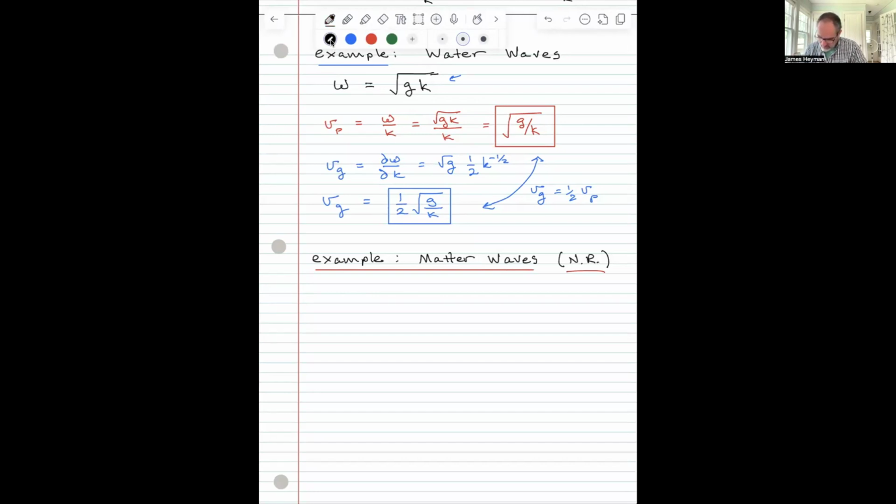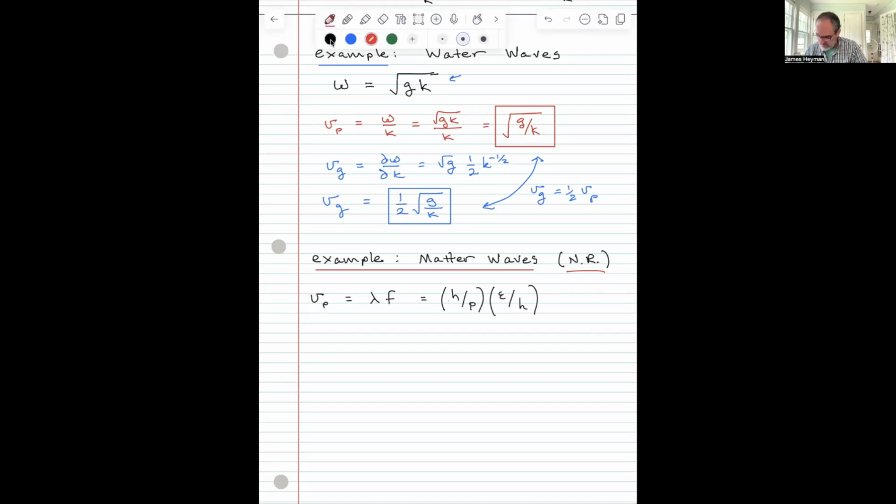So in this case, the phase velocity for matter waves should be lambda times f. Using the de Broglie relationship, we know that lambda is the same thing as h over p, and f is the same thing as the energy over h.